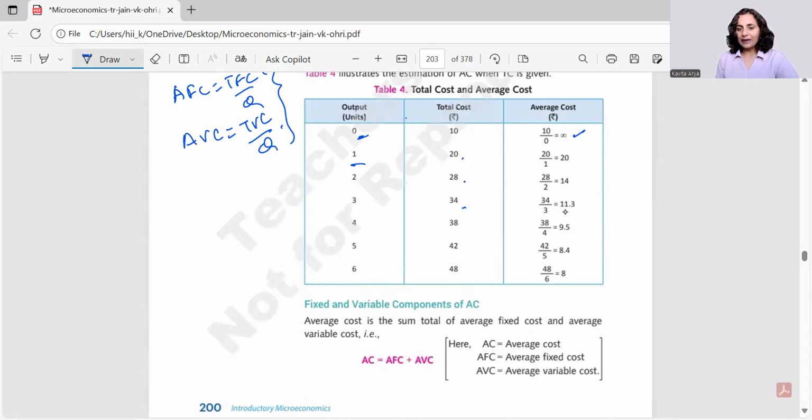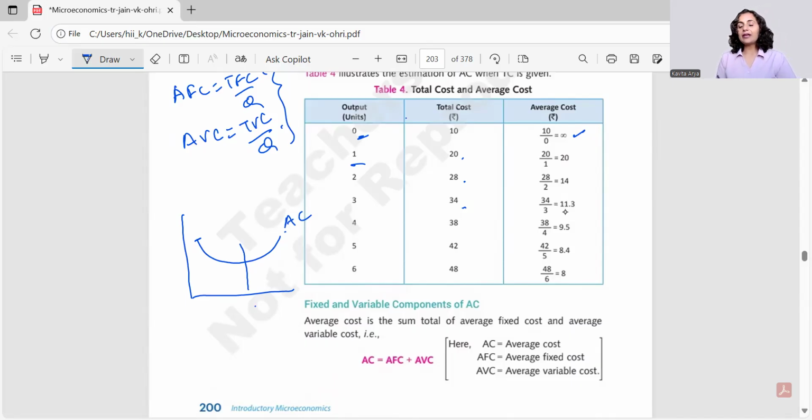So when we try understanding how this average cost looks like, if we continue for some more data, how would be the shape? It is going to be this AC. And why U-shaped? What is the significance of U-shape? U-shape says that initially the costs go down, and after a level they start moving up.